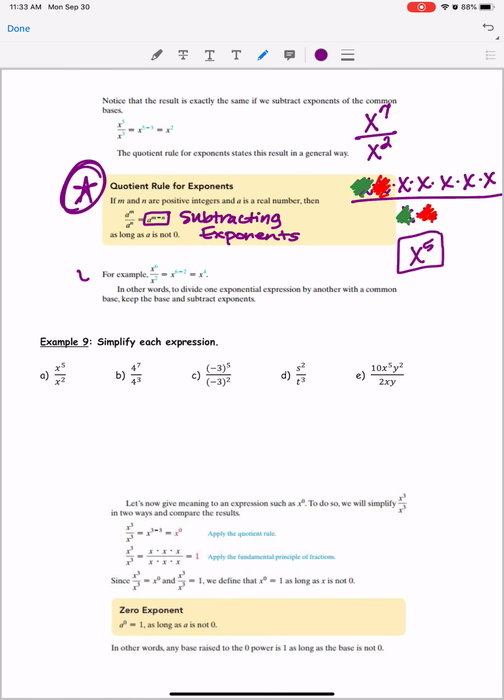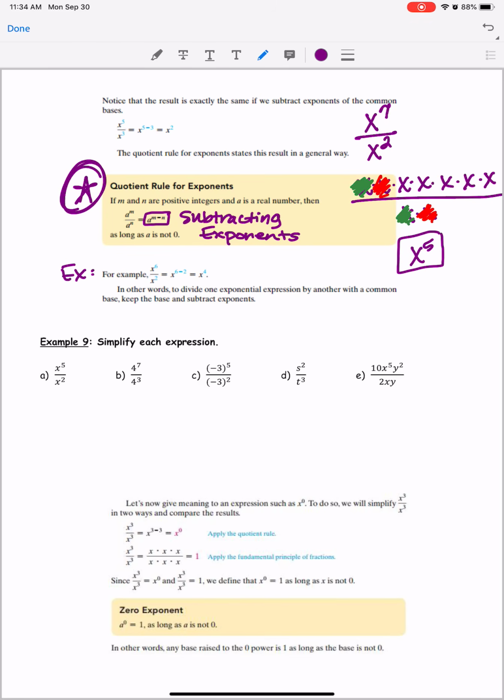Okay, and here's another example of that. So, example 9a, we got x to the 5th over x squared.